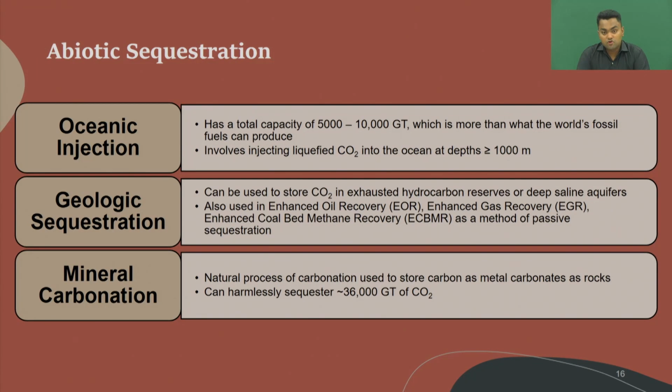Abiotic sequestration involves ocean injection, where carbon dioxide is injected at depths greater than 1000 meters, where carbon dioxide exists in the form of droplets. Another method is geological sequestration, where it can be stored in exhausted hydrocarbon reserves or deep saline aquifers. Mineral carbonation is a process in which carbon dioxide is stored in the form of carbonates as rocks.